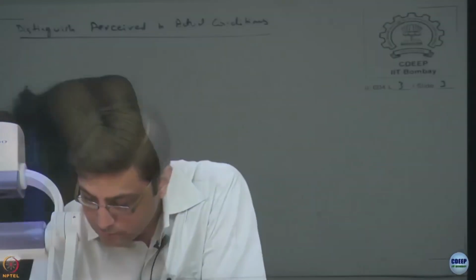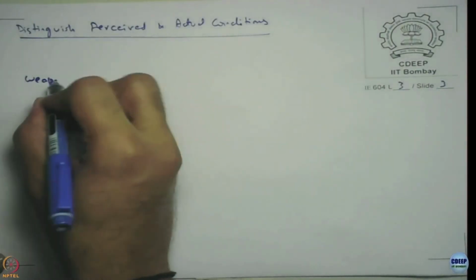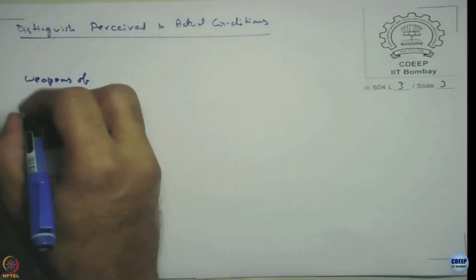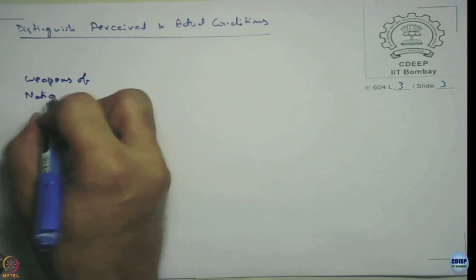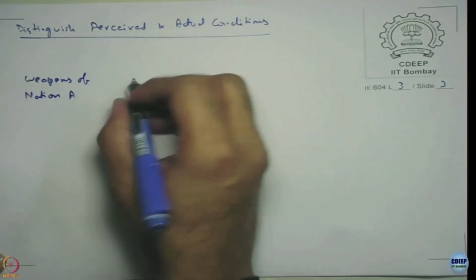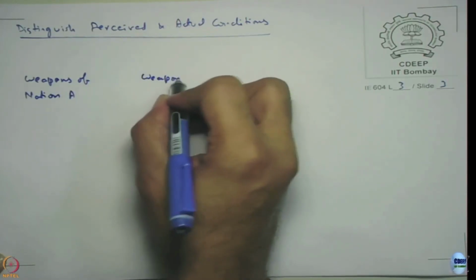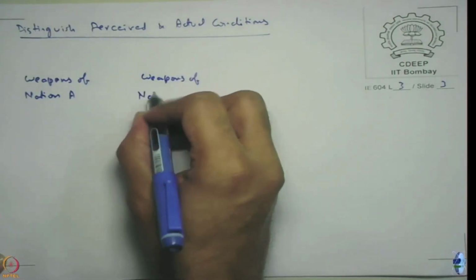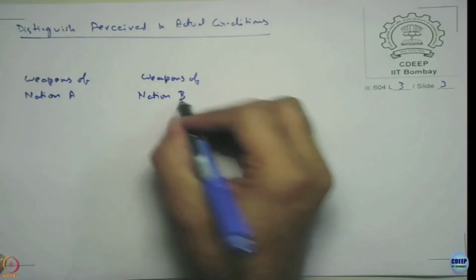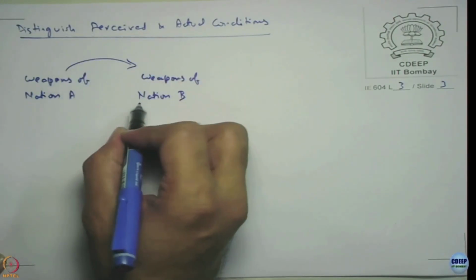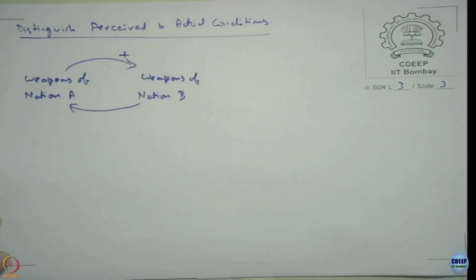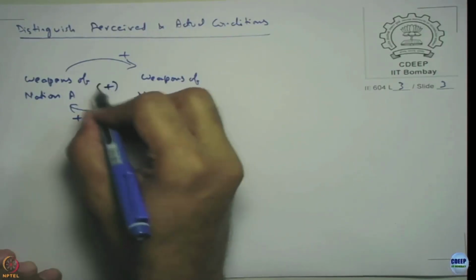So we usually write it like weapons of nation A, weapons of nation B. As nation A gets more weapons, nation B is also going to get weapons; as nation B gets more weapons, nation A is going to get weapons, etc., and it keeps going. So that is what we classically call an arms race.